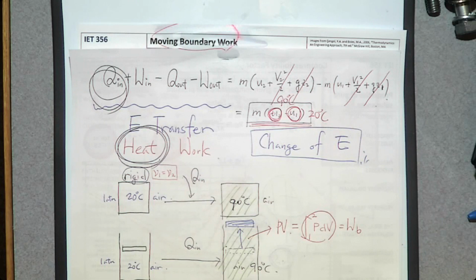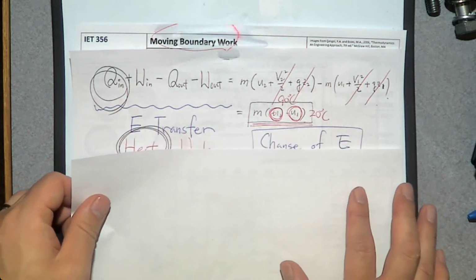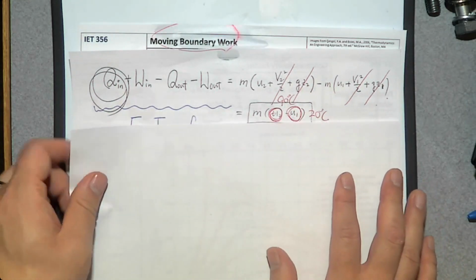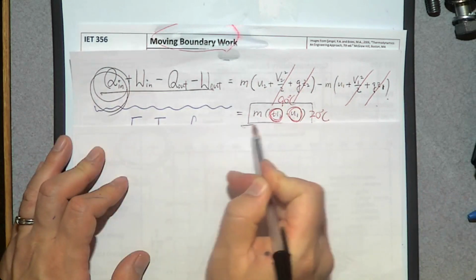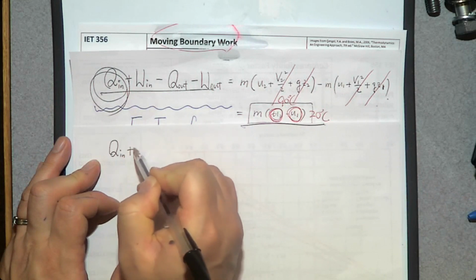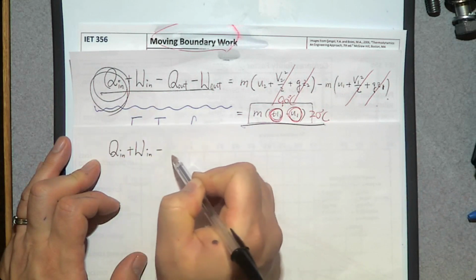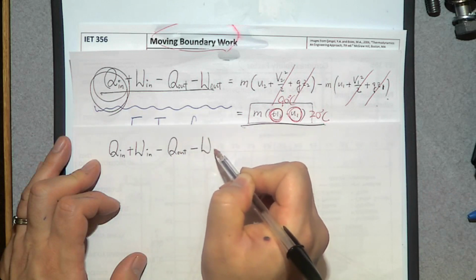Then this equation should be rewritten to include this WB. Make sense? Okay, so I'm going to do that. So there's WB. I'm going to include WB here. So instead of this energy balance equation, this time we have Q in plus W in minus Q out minus W out.